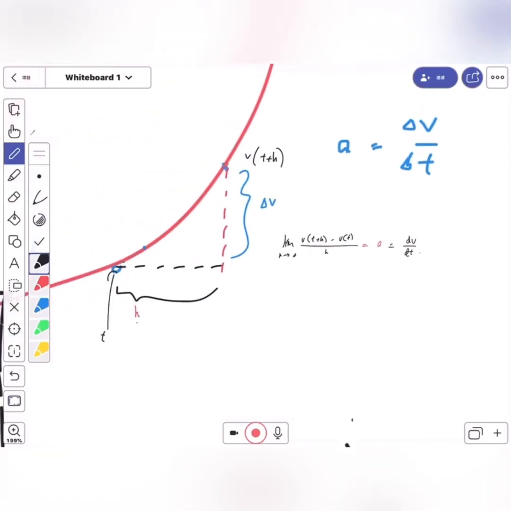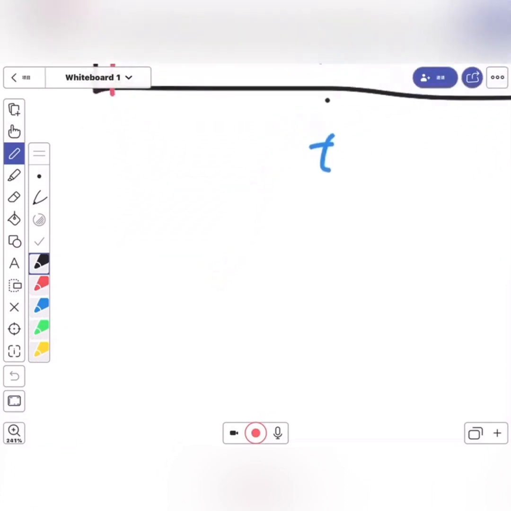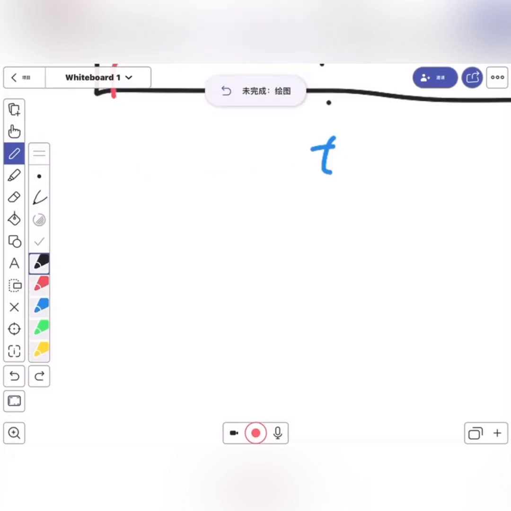Now we're going to consider a scenario that might be an application of this. Let's say I have a ground, and we have a coin or a ball right here, which has a mass m.